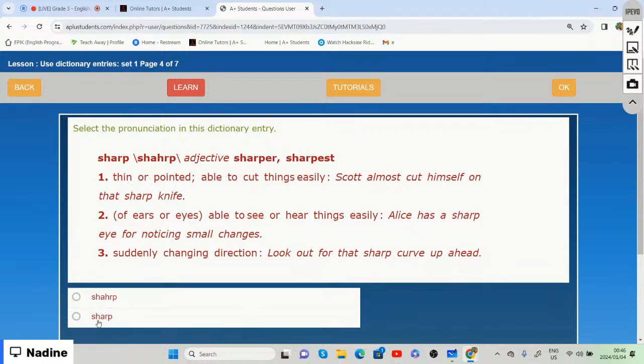Is it the first option or the second option? And if we select the pronunciation in this dictionary entry, then we will say it's the first word, right? Because that is basically how we say the word.